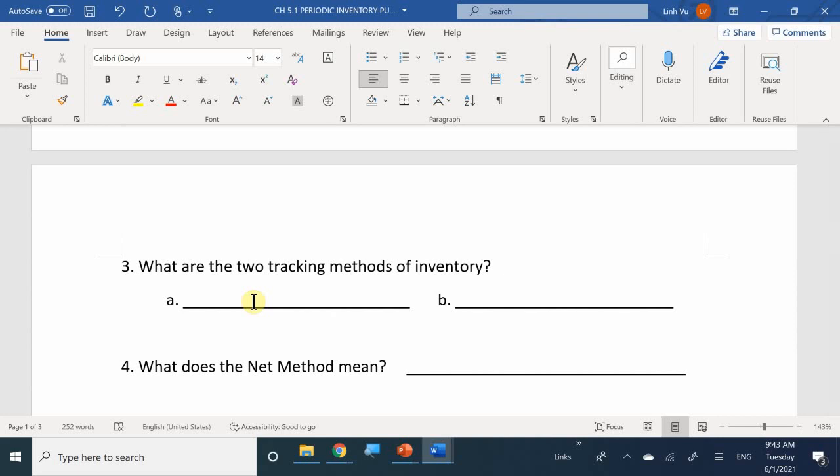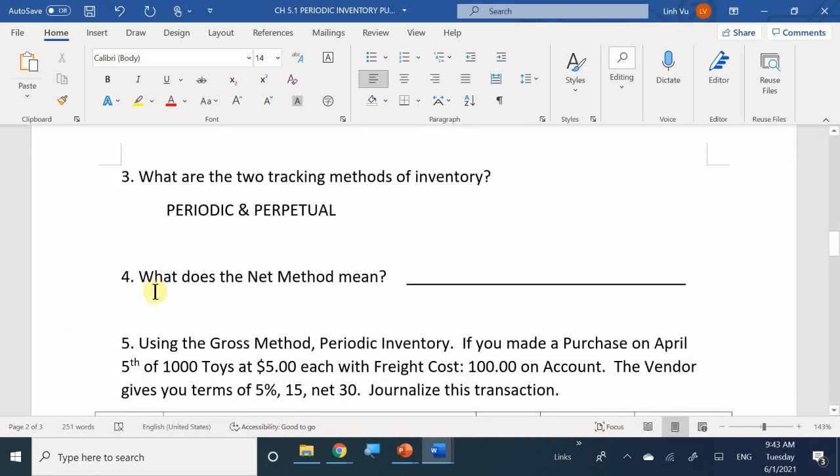Okay. Number 3, what are the 2 tracking methods of inventory? Periodic and perpetual. Good. Number 4, what does the net method mean? Is that after the discount? What do you mean by that? When do you take it?